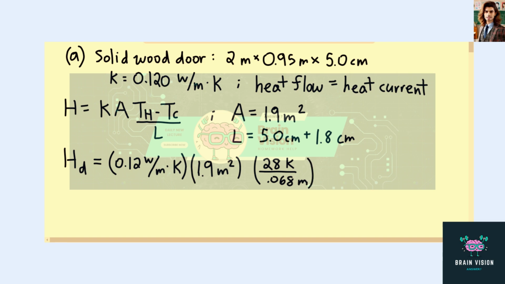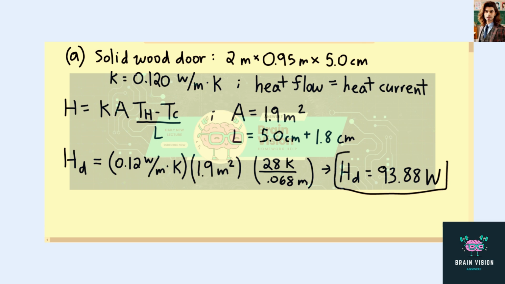If you plug and chug that out, we'll find that H sub D, or this heat current through the door, is 93.88, or 93.9 watts.